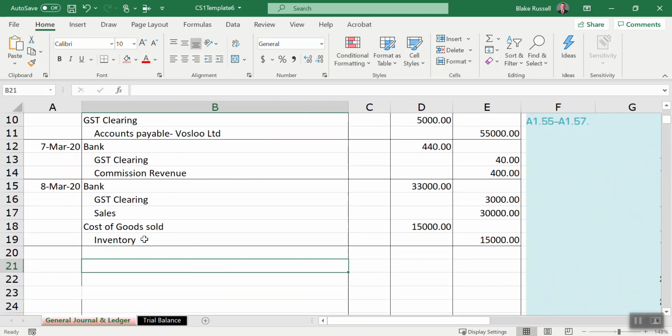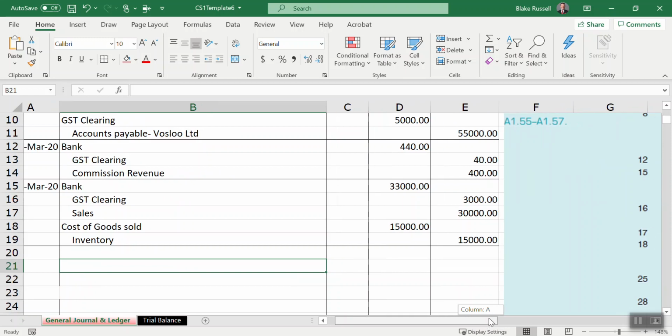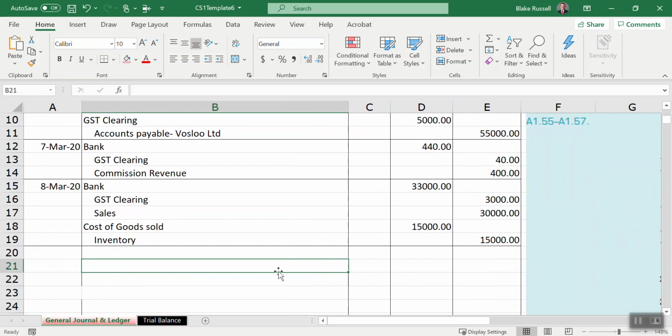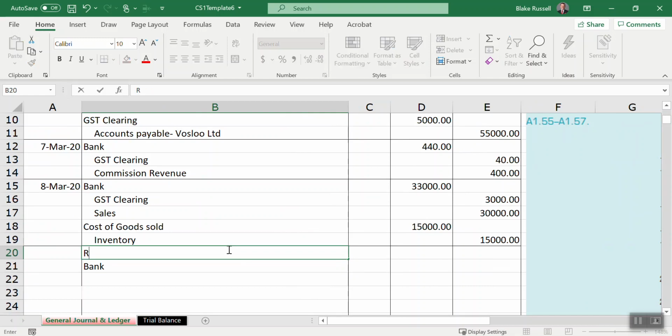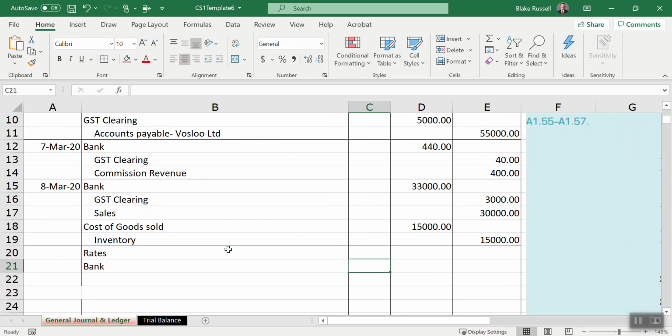So when it says paid, it's the same date. We don't have to change the date. When it says paid, it's implying that money's already left our bank account. So it's going to be bank, and an account we're going to call rates.